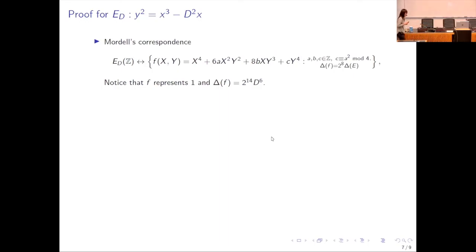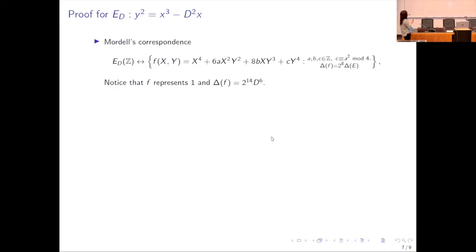Okay, so now I'll actually go into the proof. The main thing that goes into the proof is that, instead of counting the integral points directly, I'm going to count certain integral binary quartic forms. They are given in this form, where a, b, c are integers.